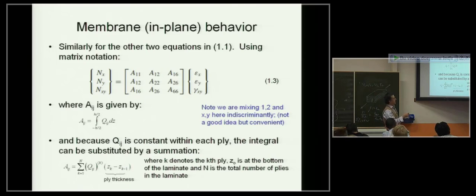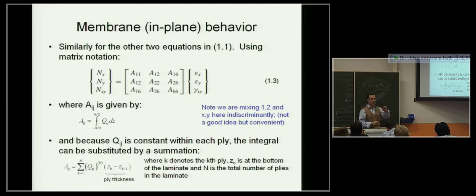I just showed you how A11, A12, and A16 come about. In general, Aij, where i and j can be 1, 2, or 6, are given by this integral through the thickness. Within each ply, however, the corresponding Qij is constant.